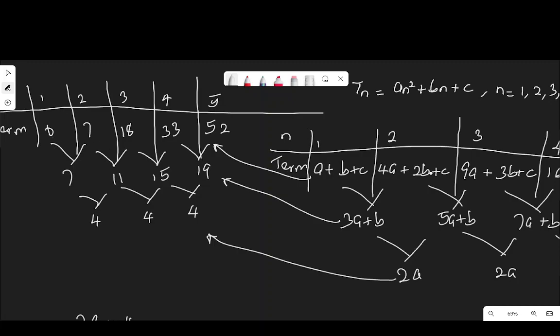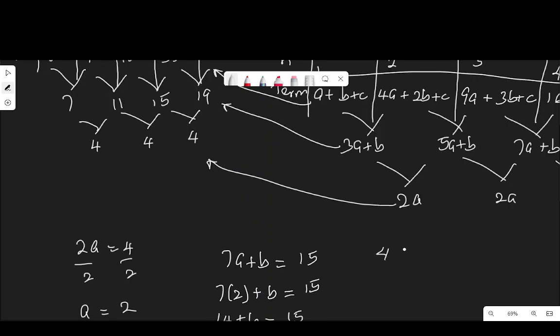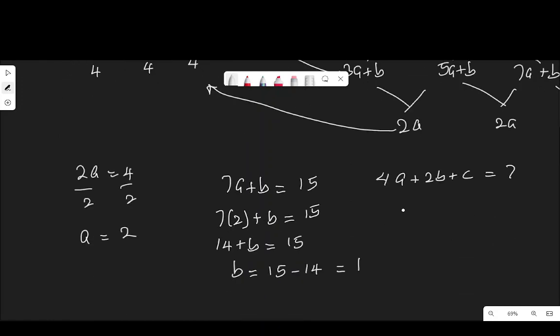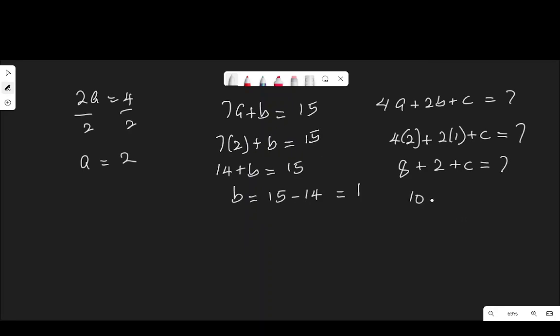4a plus 2b plus c equal to 7. Let me use that. We know a to be 2, so 4 times 2, b is 1, plus c equal to 7. 4 times 2 is 8, and 2 times 1 is 2. 8 plus 2 is 10. 10 plus c equal to 7.